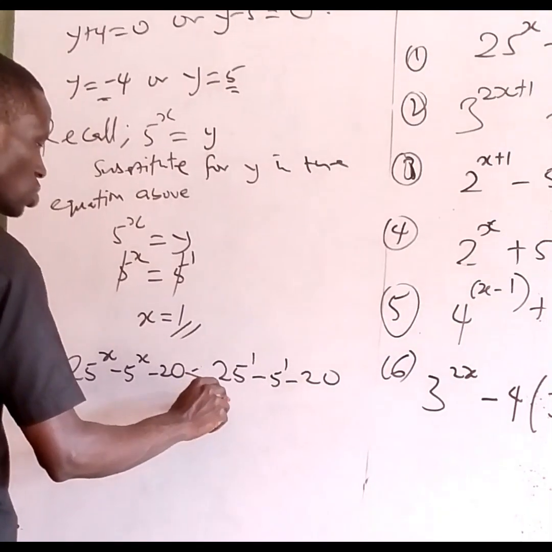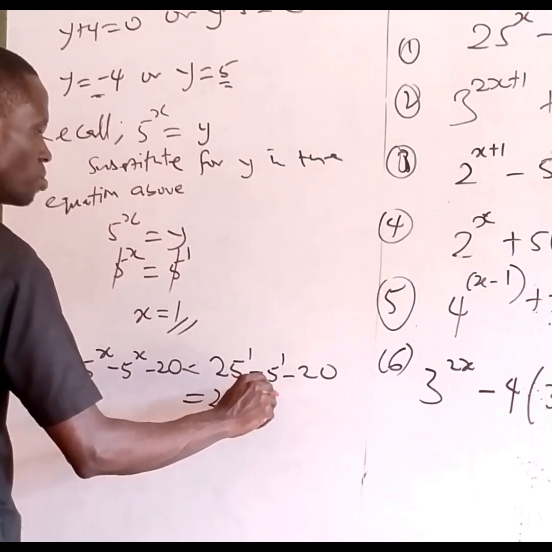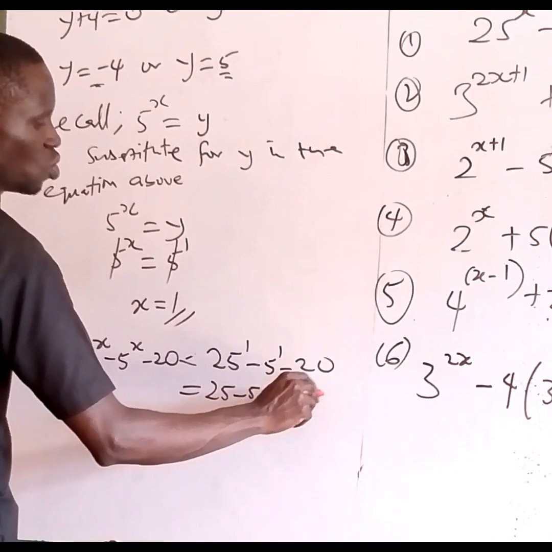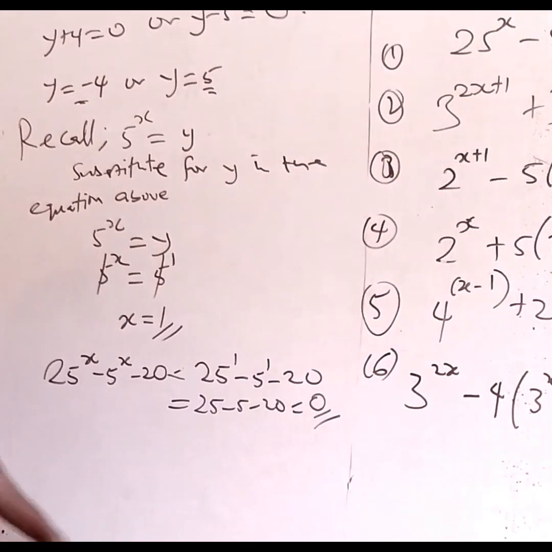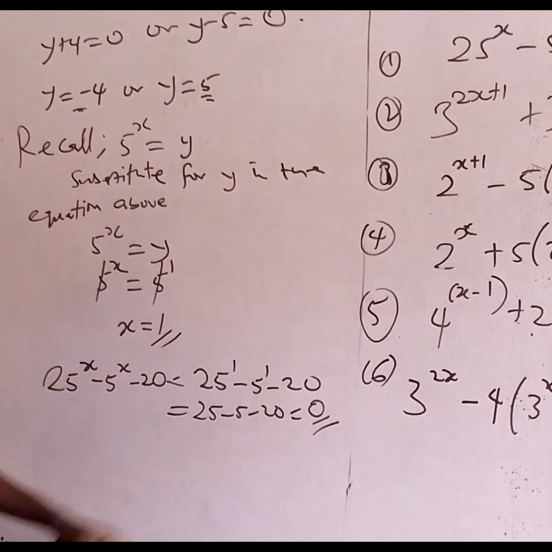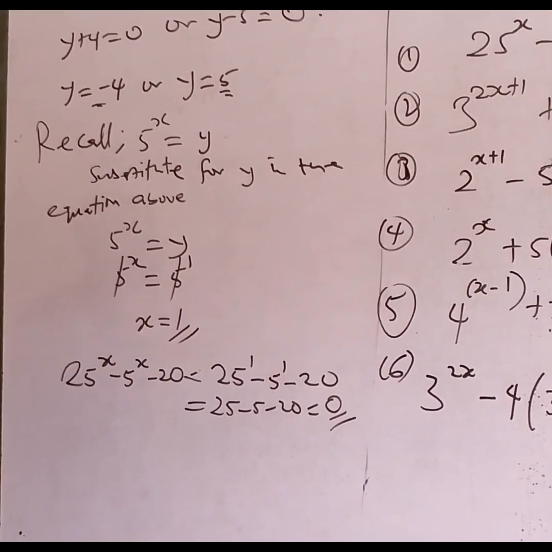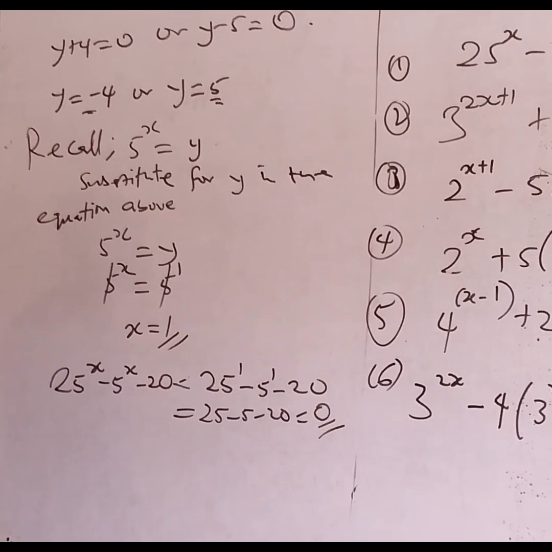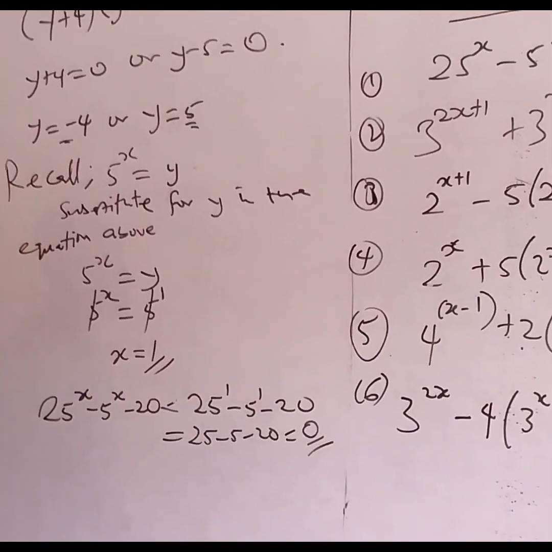That gives us 25 minus 5 minus 20, which is equal to 0. See from the question, so our answer is correct. I hope you understand that.